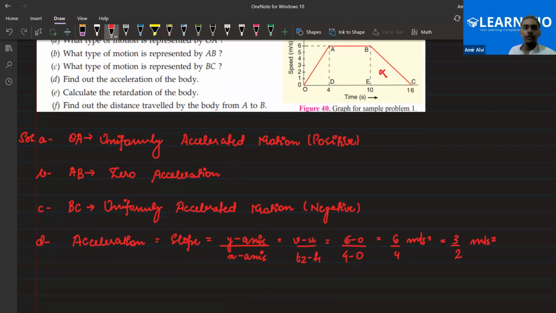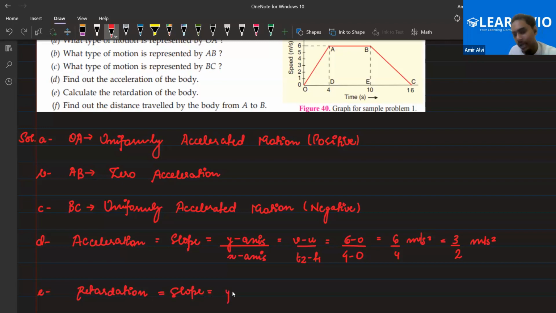Please let me know, is this clear to you or not, Sarah and Farhan? Yes, sir. Okay, Sarah, clear? Yes, sir. For the E part, that is retardation. The retardation is nothing but the negative acceleration.